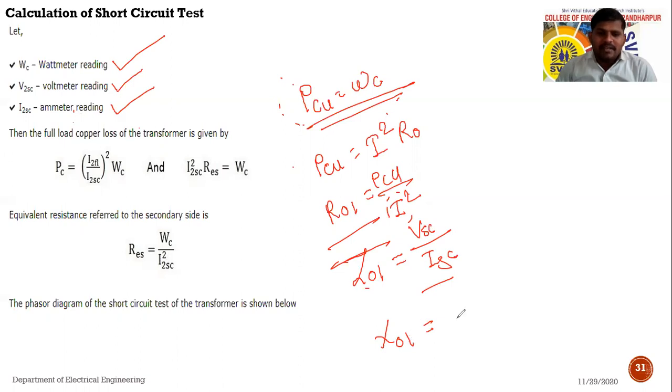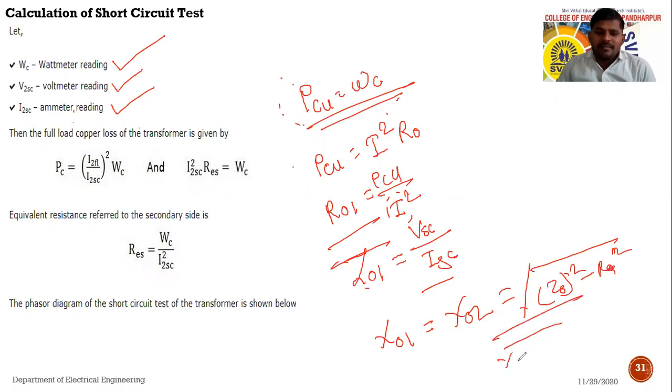Instead of representing 1, you can represent X02, depending upon the referred side. It is calculated as the square root of Z equivalent squared minus R equivalent squared. So you are able to calculate R01 or R02, X01 or X02, Z01 or Z02.